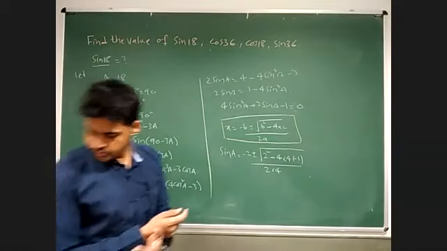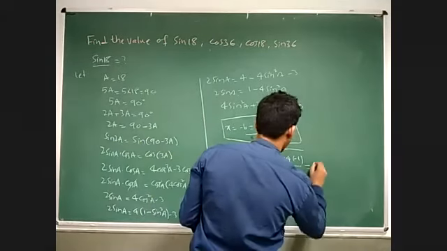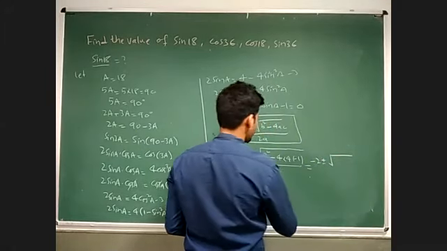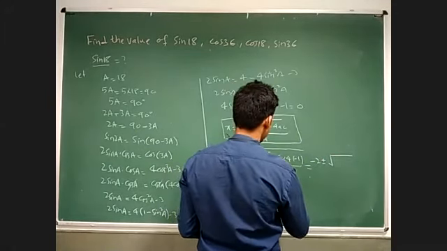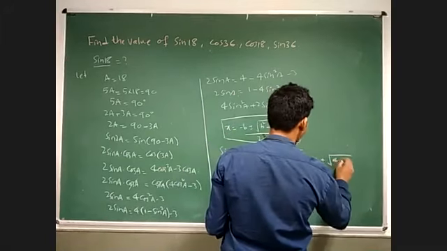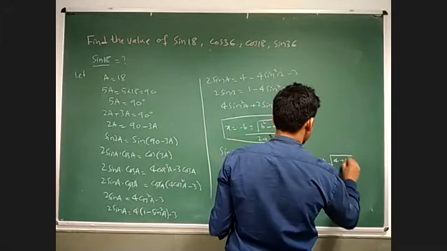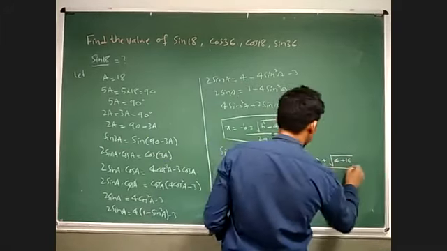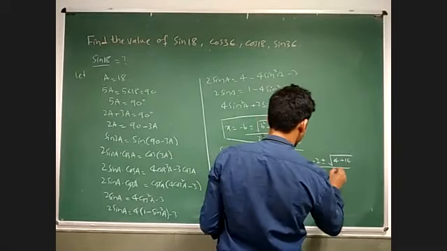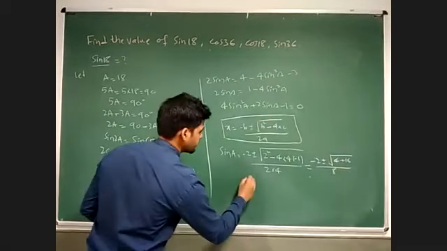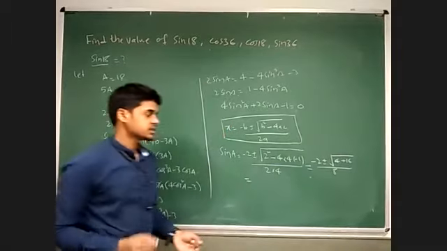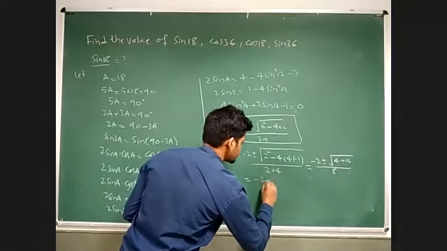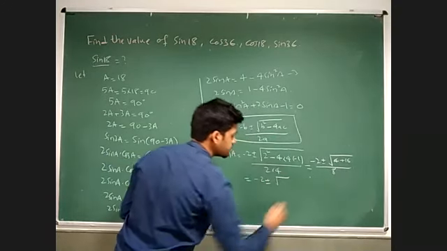After doing this, minus 2 plus or minus, and here you will have 4 plus 16, that is 20.